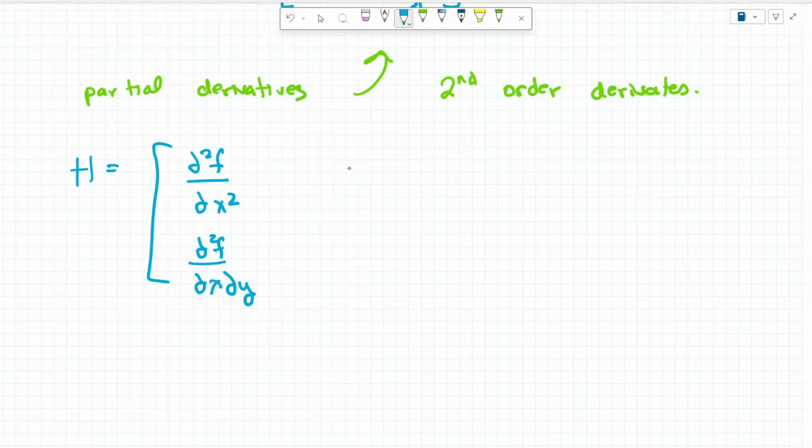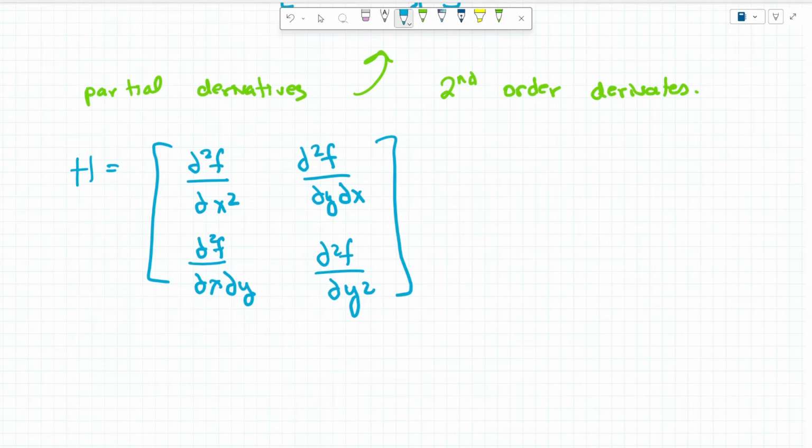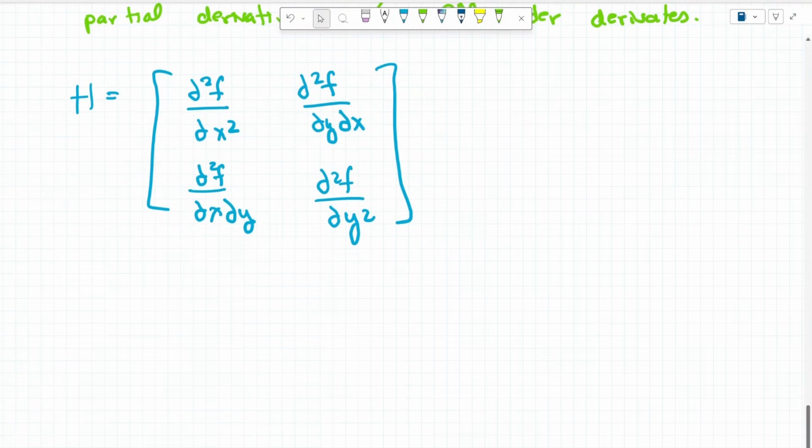Then following Clairaut's theorem, it's going to be symmetric, meaning that we can simply use the values of symmetry over here, so that we have d squared f over dy dx. I know that these two values will be the same. And then in our bottom left corner, we just have the second derivative of f with respect to y. Okay, so we'll just go one by one to solve for these.